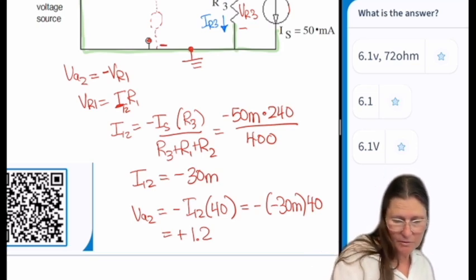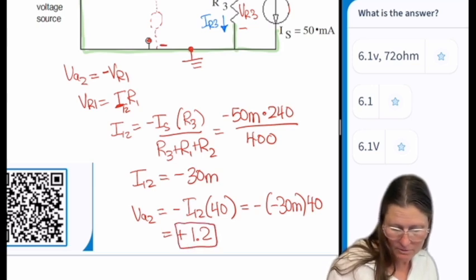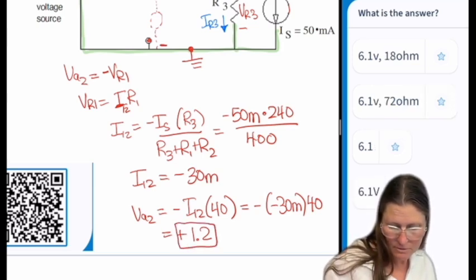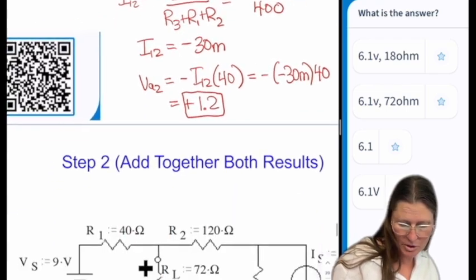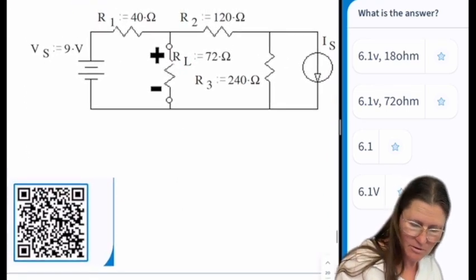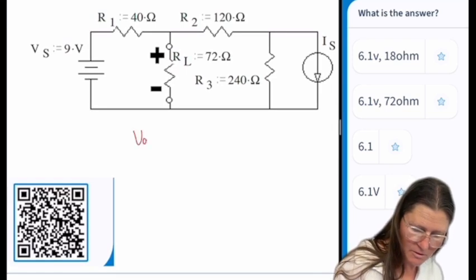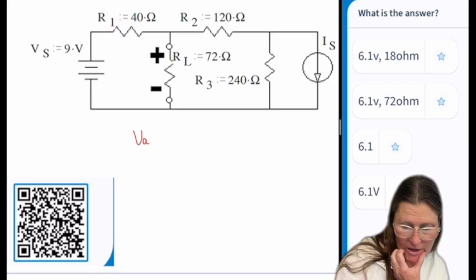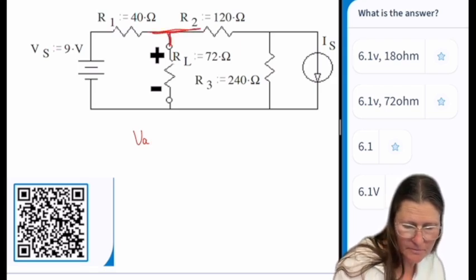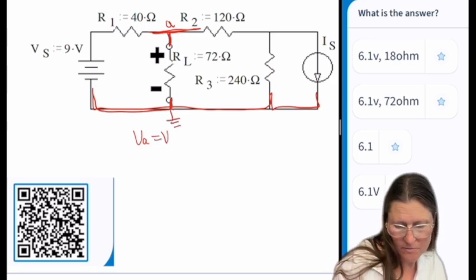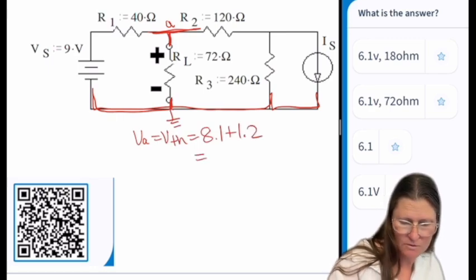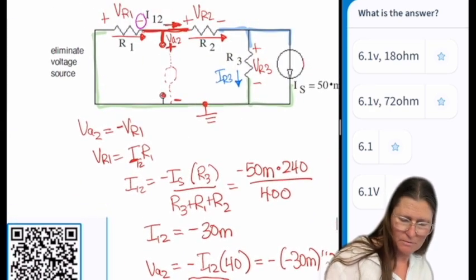So adding both of these together, we get 8.1 plus 1.2. So VA, which is this node, is 8.1 plus 1.2. Just double check.